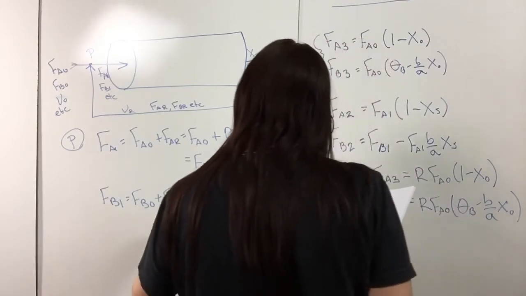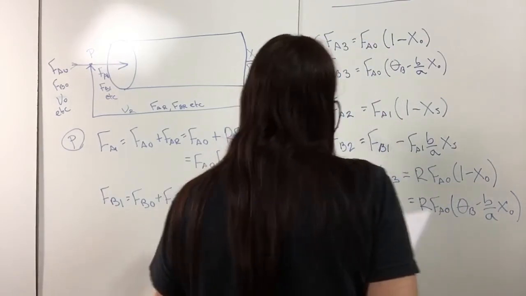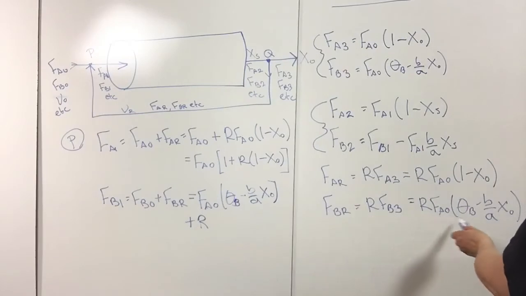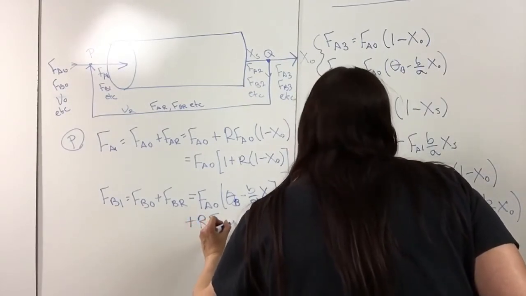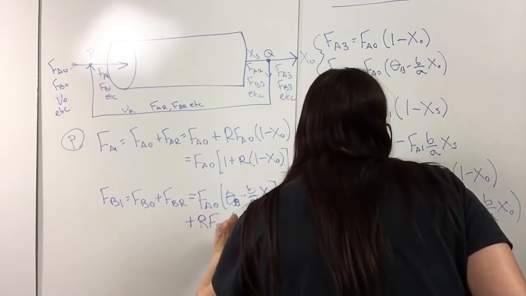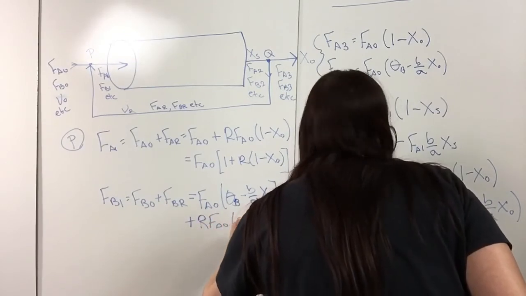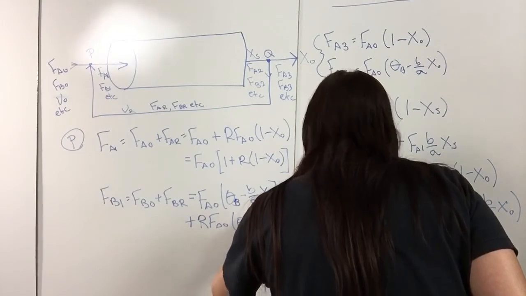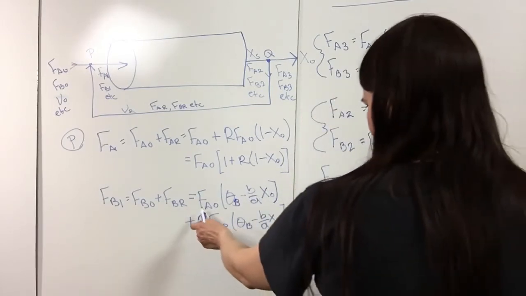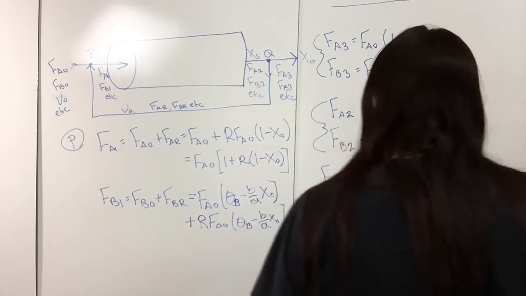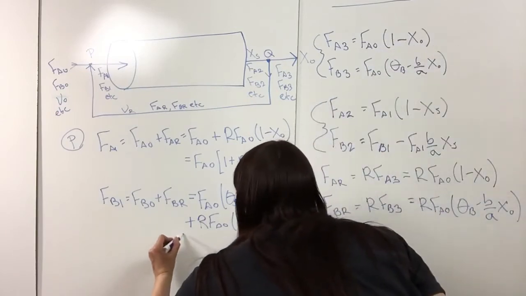And then this is plus FBR, so R FA naught theta B minus B over A X naught. And then we can pull out the FA naught and combine some things.